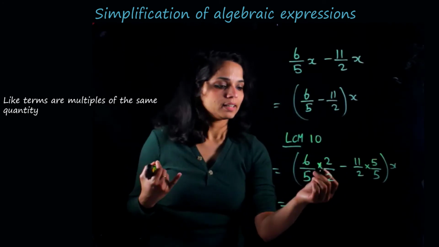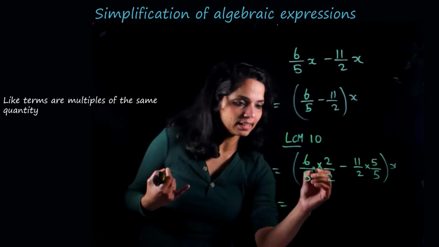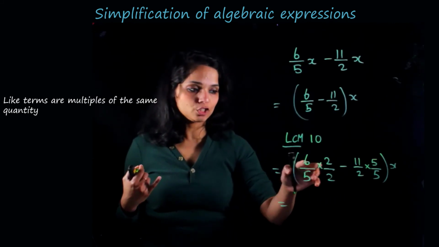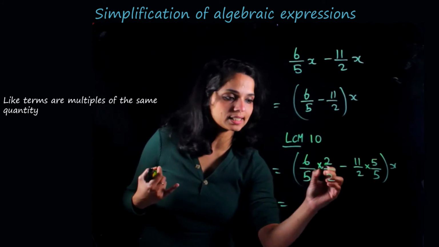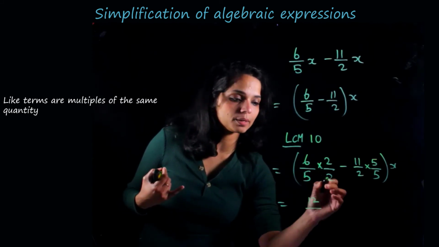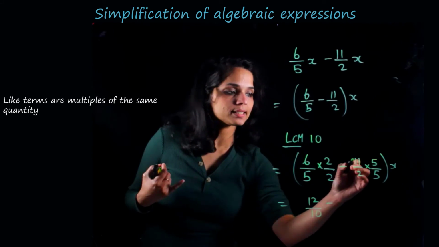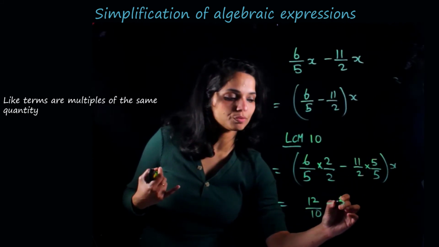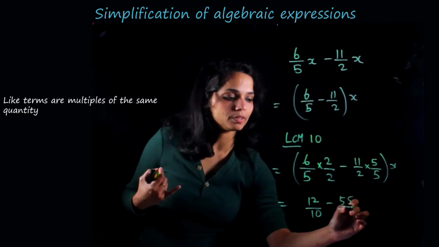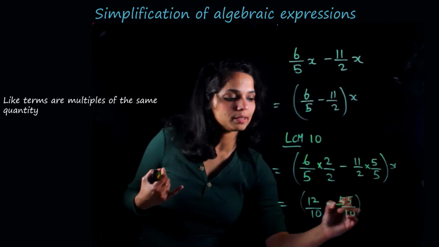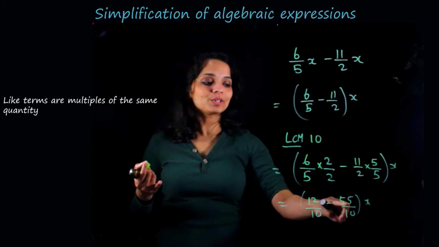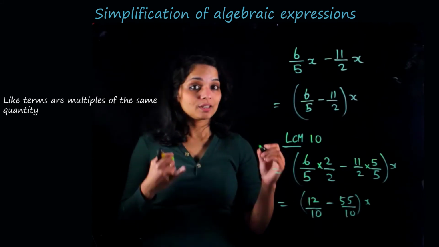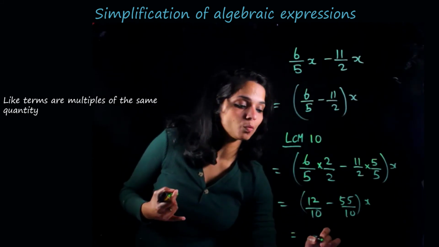To multiply these, just multiply the numerators and denominators. 6 times 2 is 12 and 5 times 2 is 10, minus 11 times 5 is 55 and 2 times 5 is 10, and that times x. Now it's easy to subtract because they both have the same denominator.